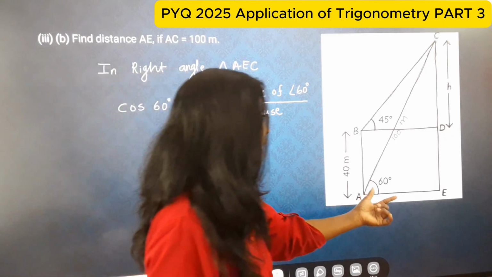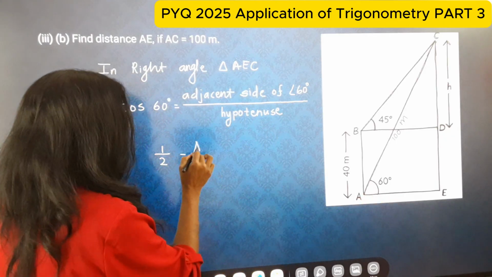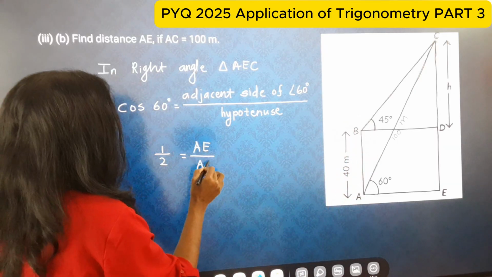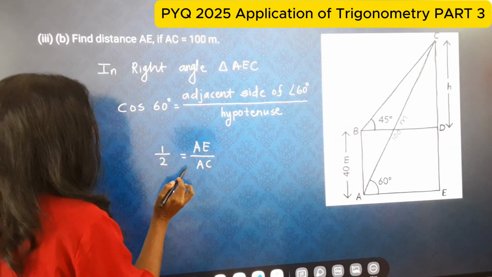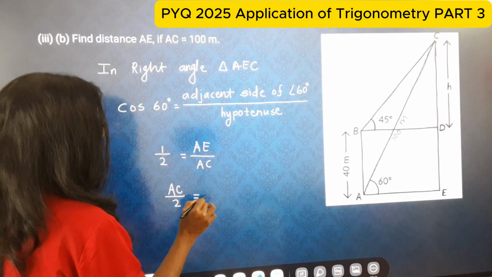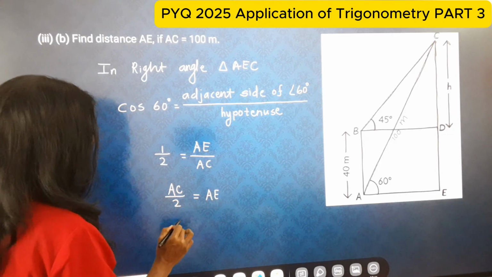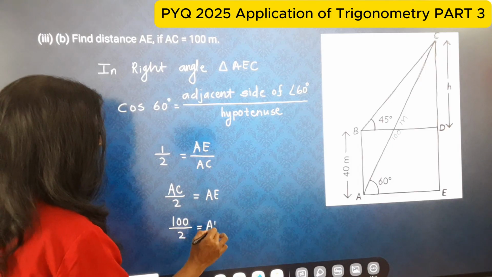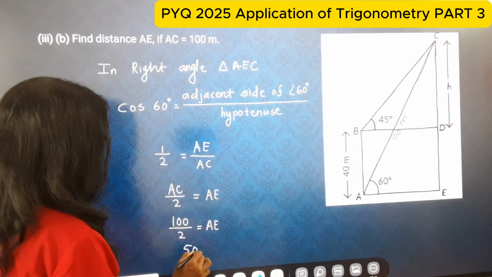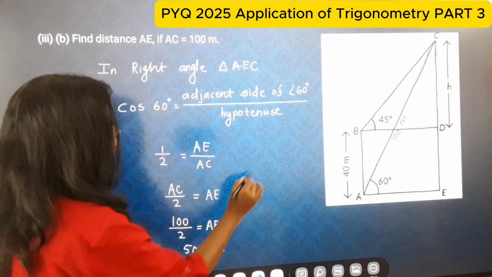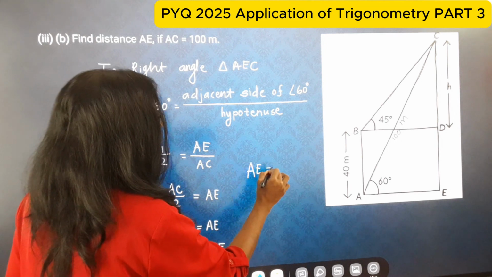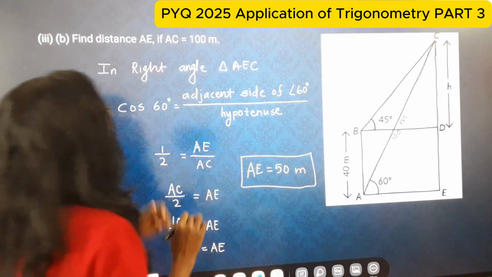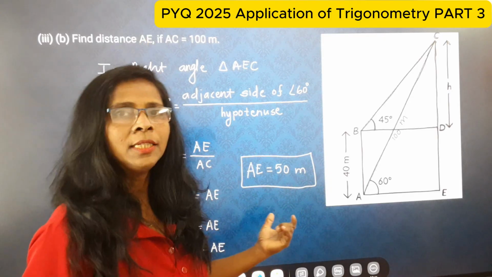The adjacent side of angle 60 is AE, and the hypotenuse is AC. So AC upon 2 is equal to AE, that means 100 upon 2 is equal to AE. So 50 is equal to AE. So that means here, students, AE is equal to 50 meter. Okay, so the distance AE is equal to 50 meter.